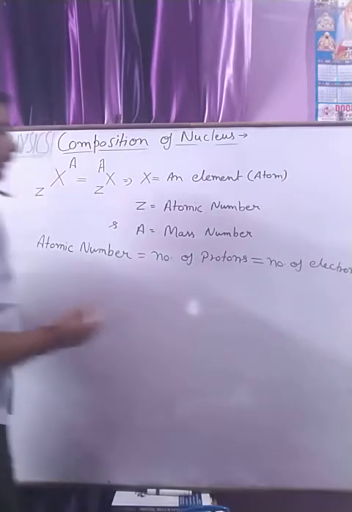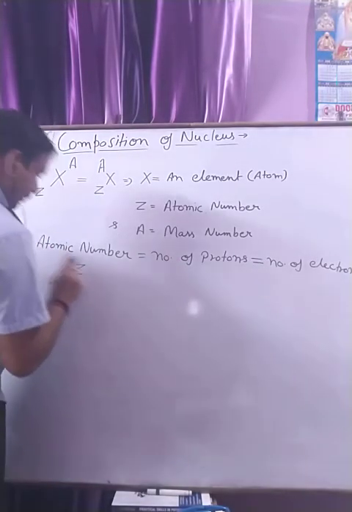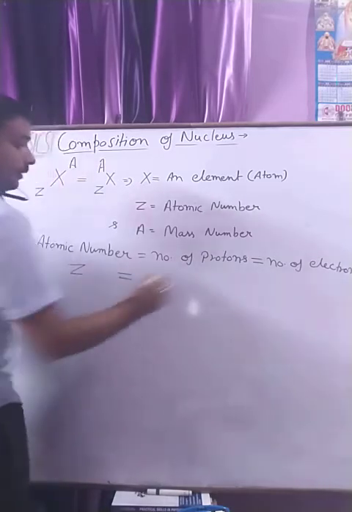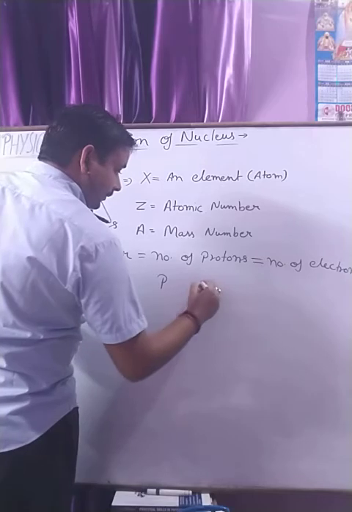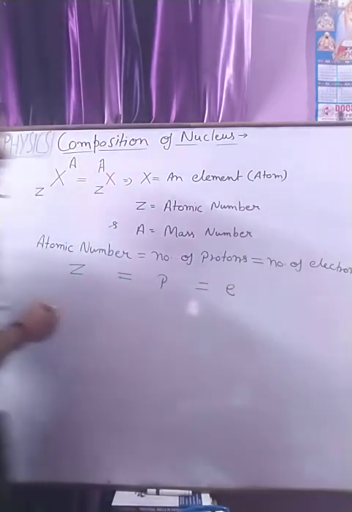Okay, so atomic number is represented by Z, number of protons is represented by P, and number of electrons is represented by E.